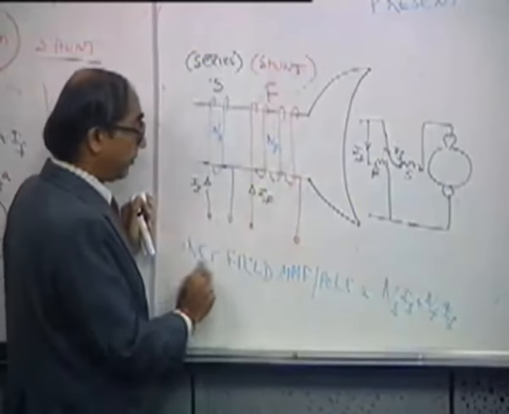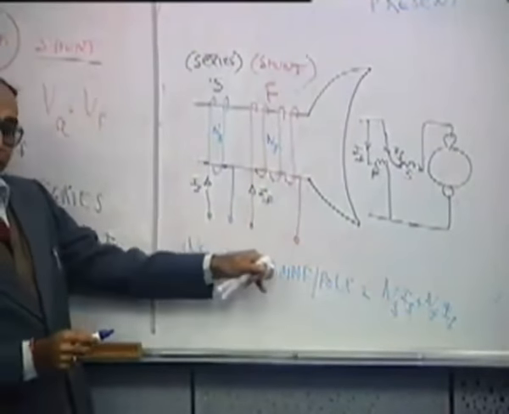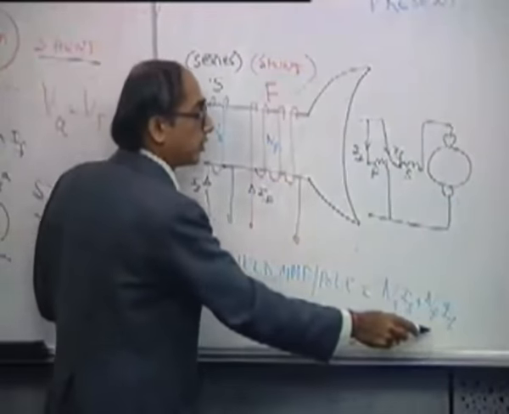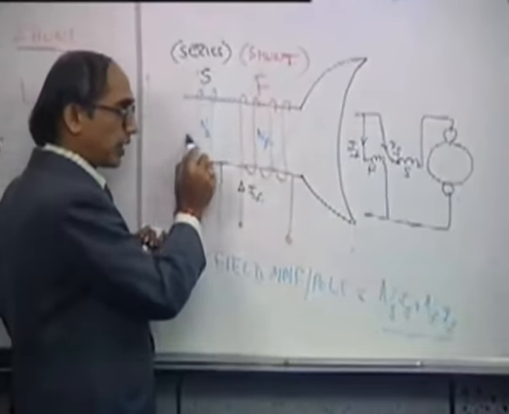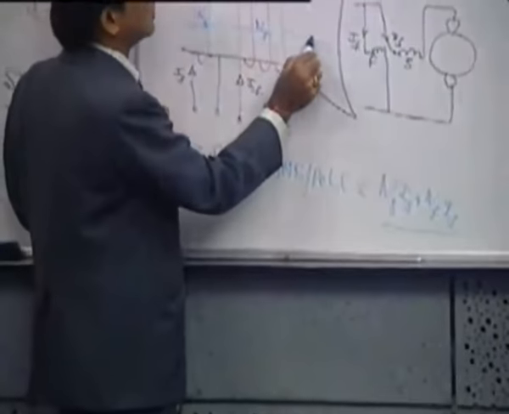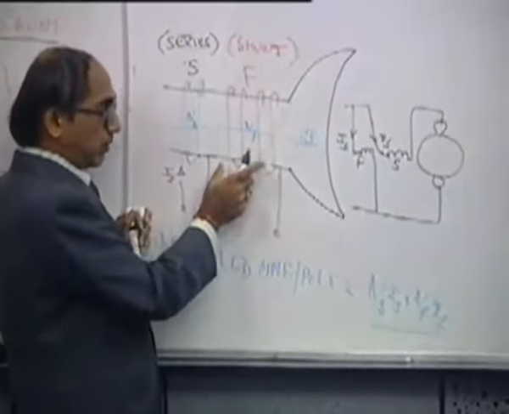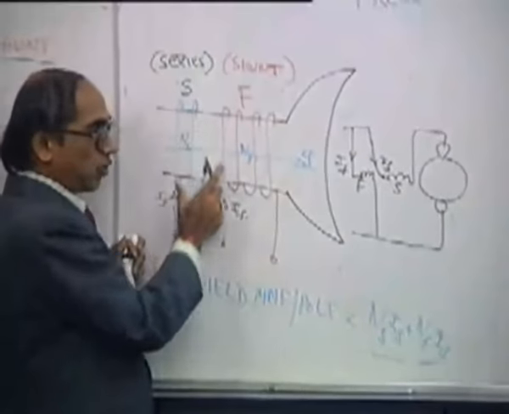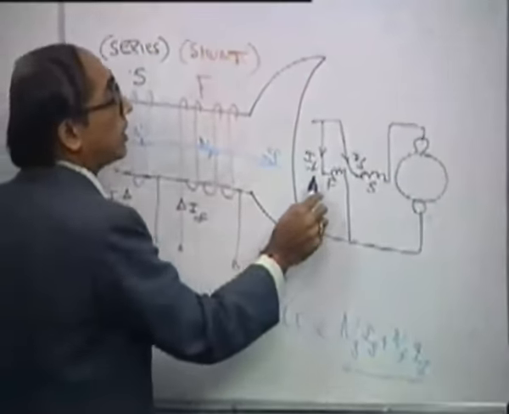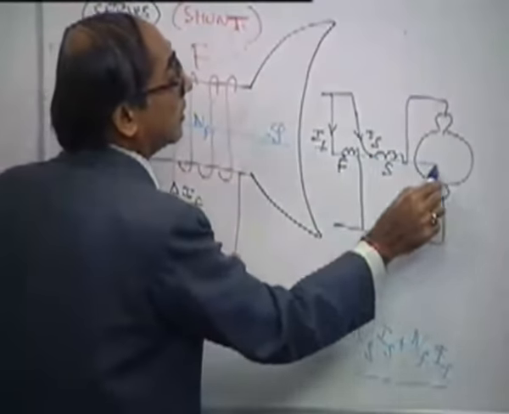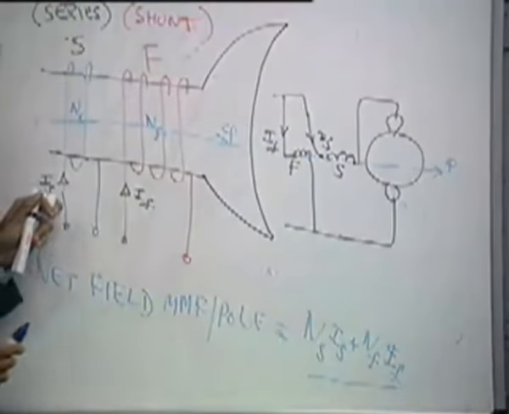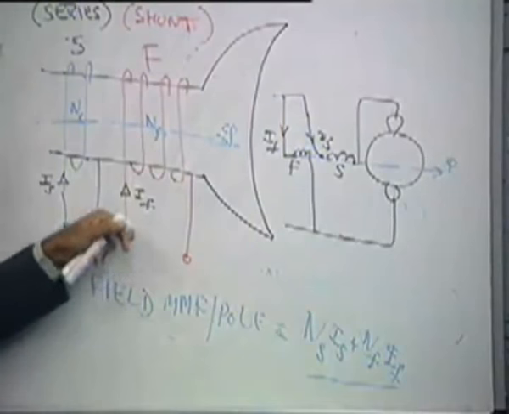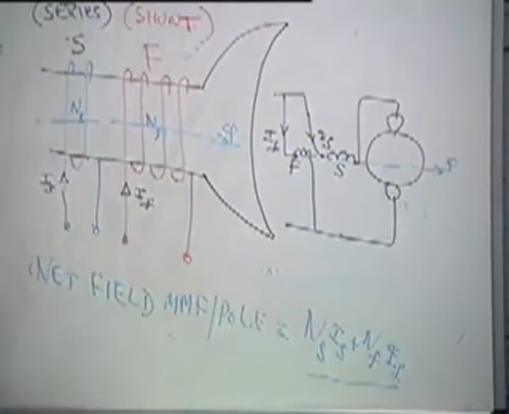This is the net field MMF per pole, that is the sum of these two, because each one of these currents produces flux in the same direction. So we see that the flux is produced by the field cumulatively. Two of them produce the flux cumulatively.